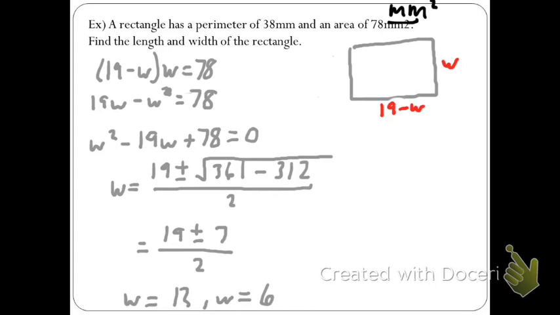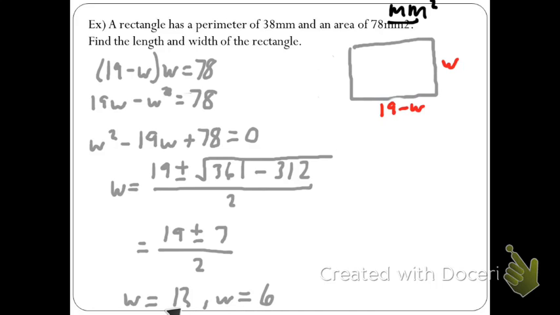The last thing we got to talk about is just something kind of interesting here. The width can't possibly be two different measurements, can it? All right. Now, our formula doesn't distinguish between the width and the length. What it did was it just went ahead and gave us both dimensions of this rectangle. We could say the width is either this 13 or that it's 6, but then the other value turns out to be the length.